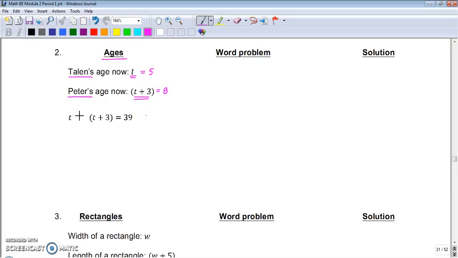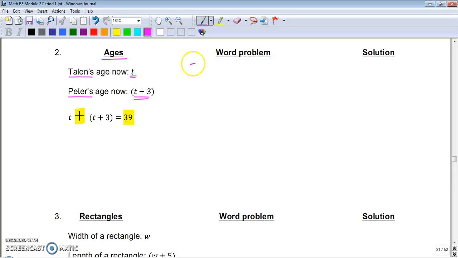So I need to incorporate that into my word problem. These are not the actual values of their ages, or I doubt they are. And the last thing I notice is in the equation, I'm adding the ages and I'm setting it equal to 39. And so that means that the combined years for Talon and Peter is 39.